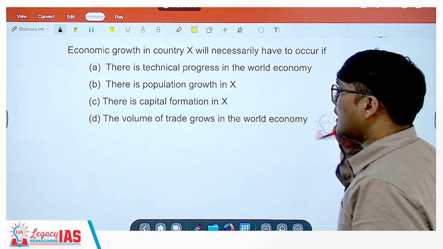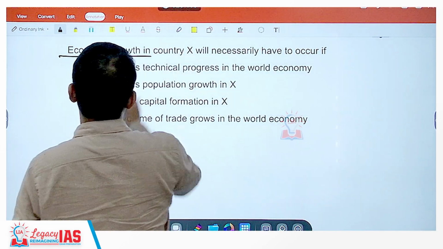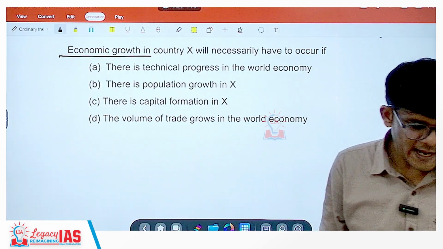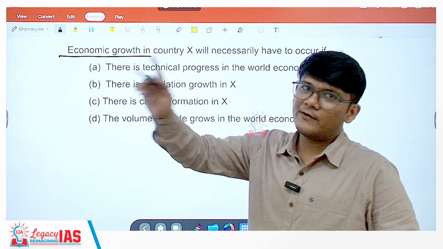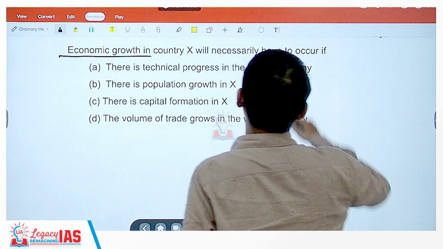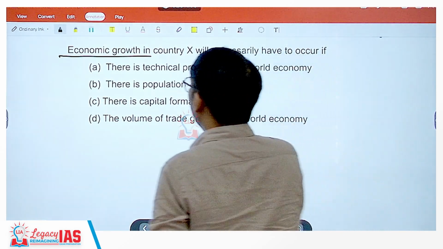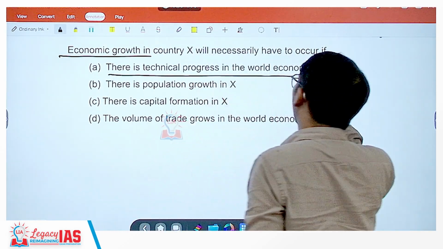Now, economic growth in country X. Talking about economic growth, we have understood the concept of economic growth as well as the concept of economic development. Economic growth in country X will necessarily have to occur if there is technical progress in the world.